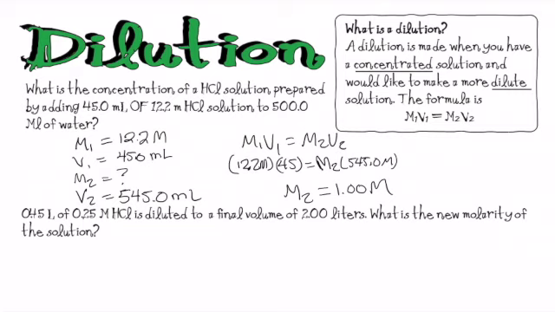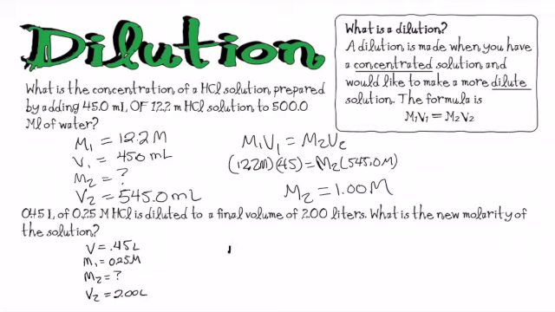0.45 liters of a 0.25 molar hydrochloric acid solution is diluted to a final volume of 2 liters. What is the new molarity of the solution? So V1 is 0.45, M1 is 0.25 molar, M2 is what we're looking for, and V2 is 2.0 liters.